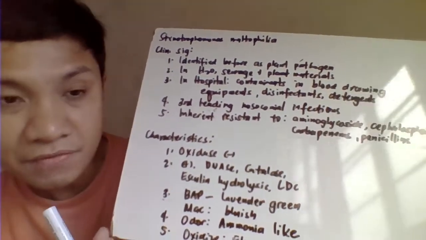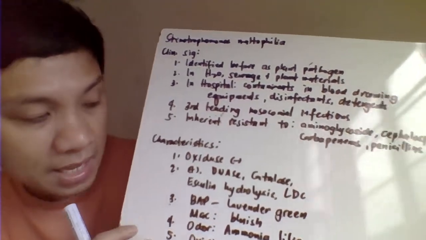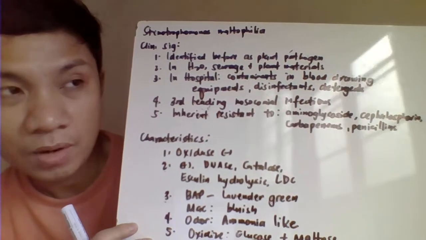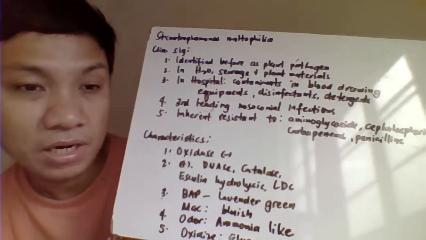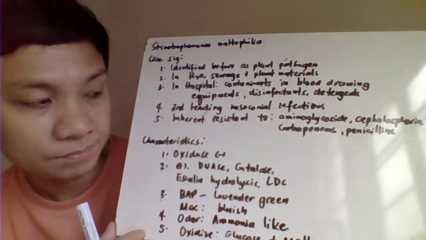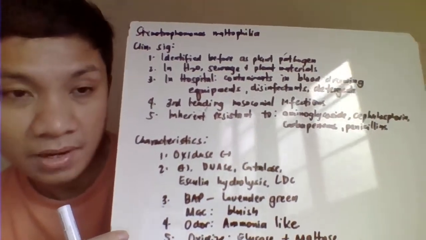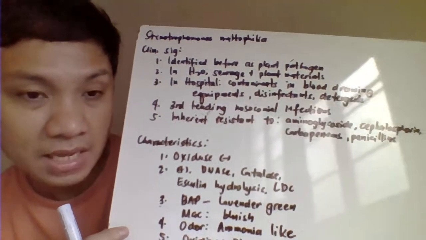Okay, it's also positive for the following enzymes: DNase, also catalase. It also tries to hydrolyze esculin, producing a black colony on that. And we have also your lysine decarboxylase. In your blood agar plate, this one would have a characteristic lavender green color.